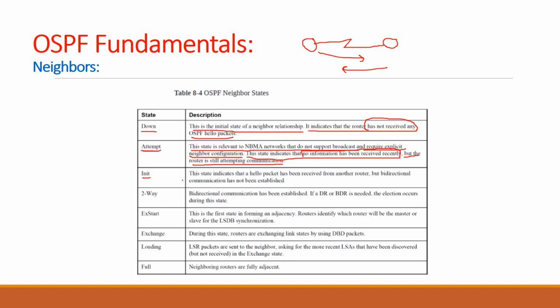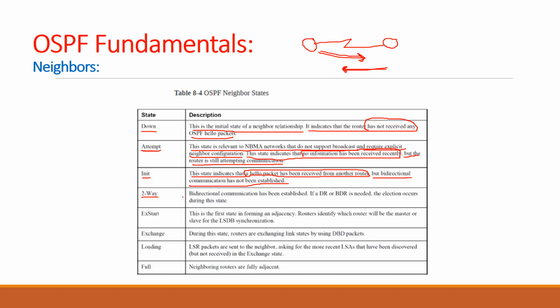Init state. This state indicates that a hello packet has been received from another router, but bidirectional communication has not been established. This means that one router sent a hello packet, but still the other router didn't send a hello packet.